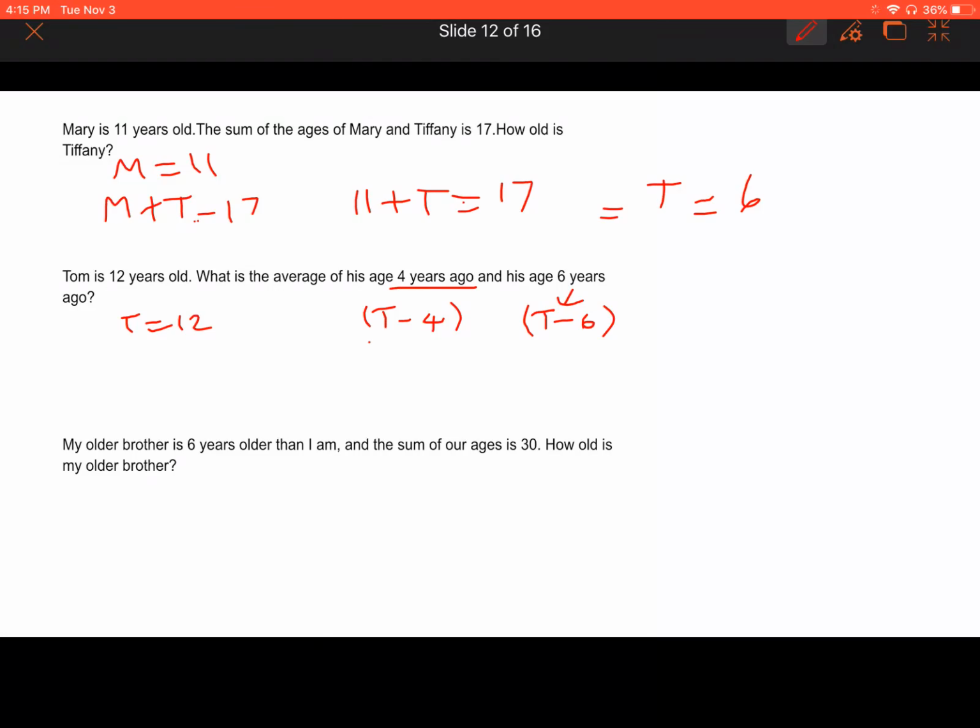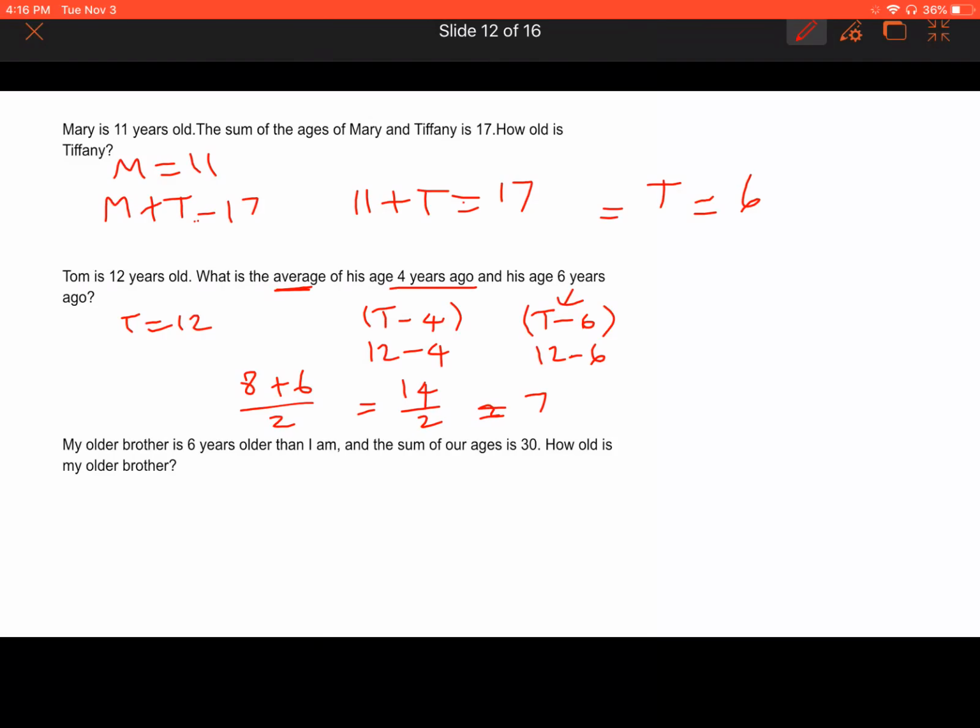So we know Tom's age: 12 minus 4 and 12 minus 6. That's going to be (8 plus 6) by 2. Why are we doing this? We have to find the average of both ages. So it is going to be 14 by 2, which is equal to 7.